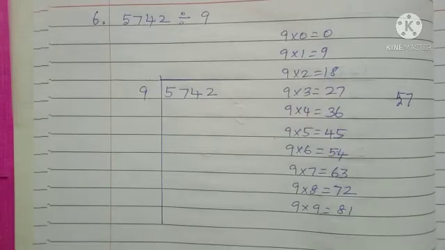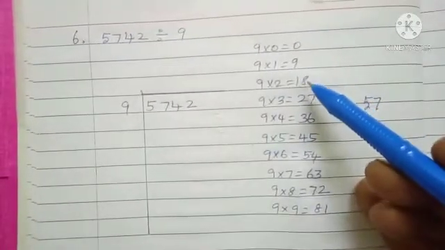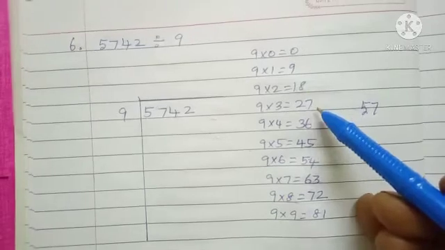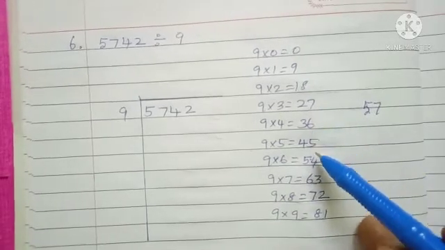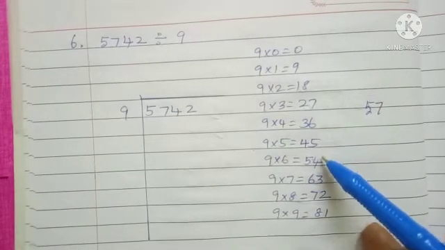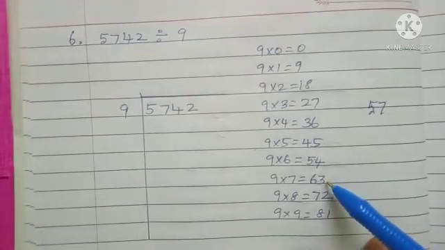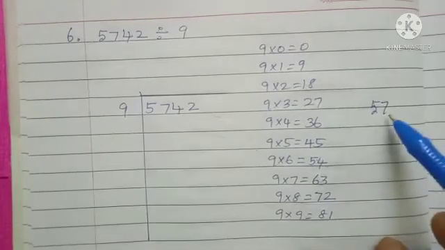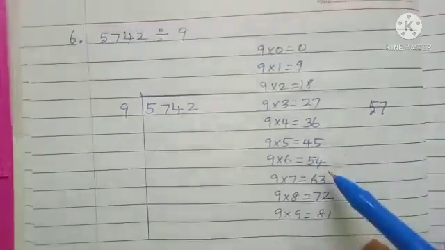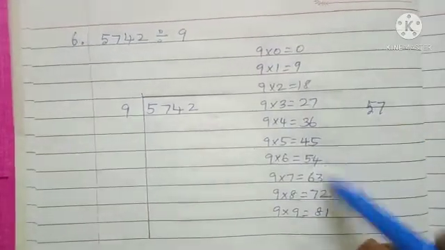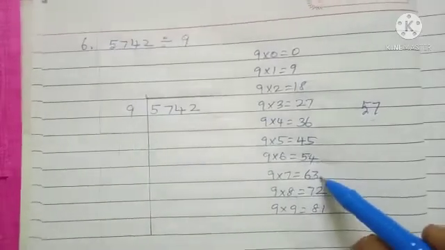So 9 zeros are 0, 9 ones are 9, 9 twos are 18, 9 threes are 27, 9 fours are 36, 9 fives are 45, 9 sixes are 54, 9 sevens are 63. So here the number is 57. So before the number you stop at 54, and 63 is the in-between number.